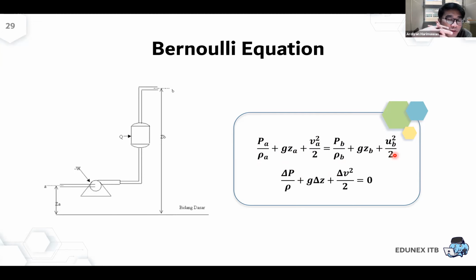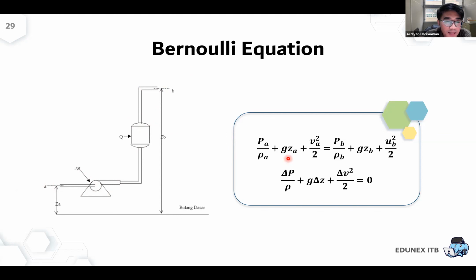So if one type of energy changes from point A to point B, then another should change as well. But which one can be changing, which one can be constant, you need to pay attention. You need to understand what kind of assumption you can choose for the system.